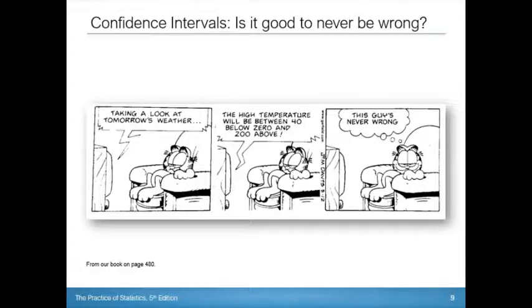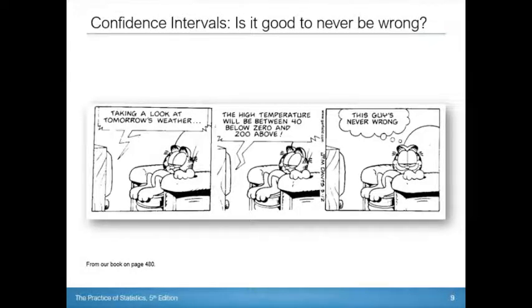Of course, because that interval is so large, he's not going to be wrong. There's no way that the high tomorrow is going to not be between 40 below zero and 200 above. But how useful is that interval? If you asked your smart device what the temperature outside is, and it said it's somewhere between 40 below zero and 200 above, it wouldn't be very useful.